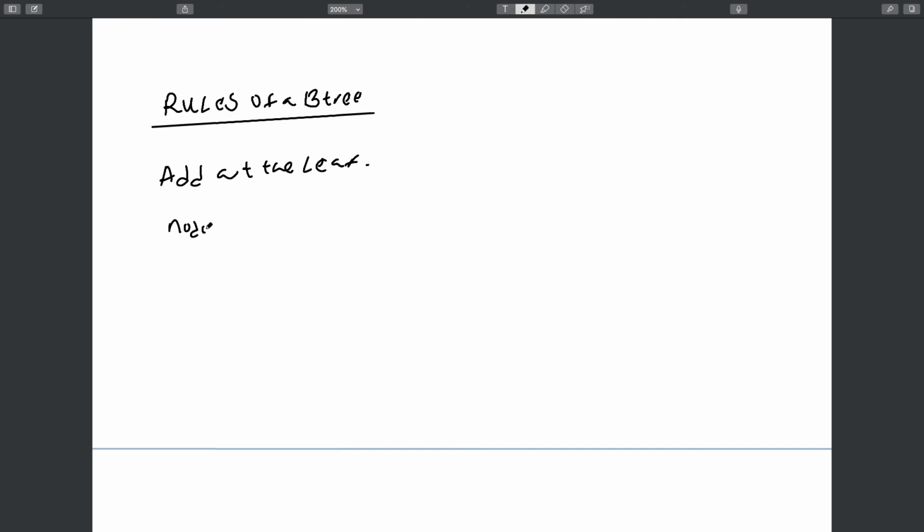Nodes always have to have the max degree minus 1 keys. That's the maximum. Max keys in a node always has to be max degree minus 1 keys. Forgive my handwriting.